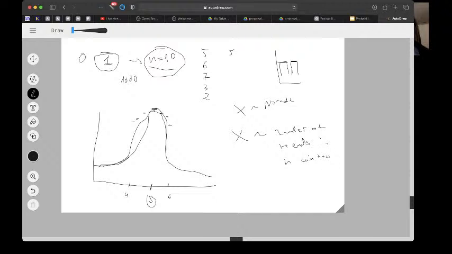And what we find is generally the bigger this n is, the smoother this becomes, the better it fits the Gaussian distribution.